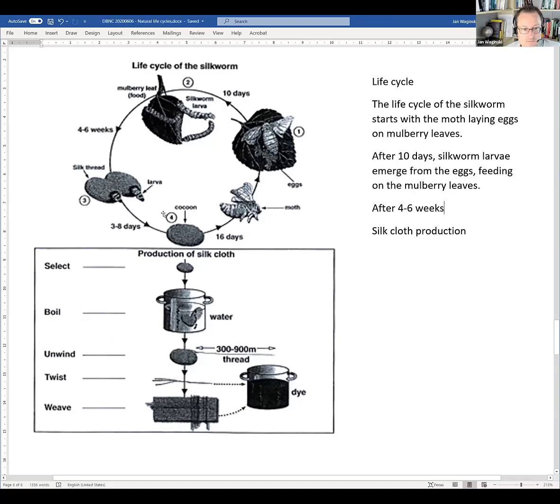Yes, and what is the purpose of the silk? To form a cocoon. That's it. After 4 to 6 weeks, the larva produce silk thread.